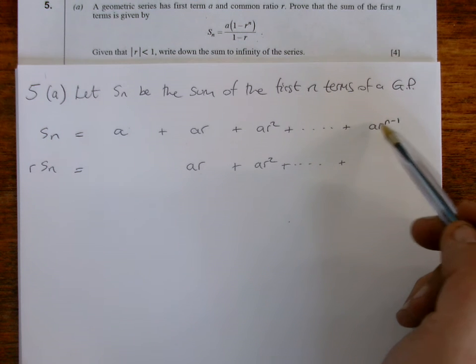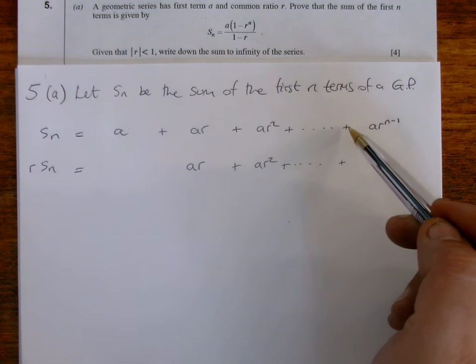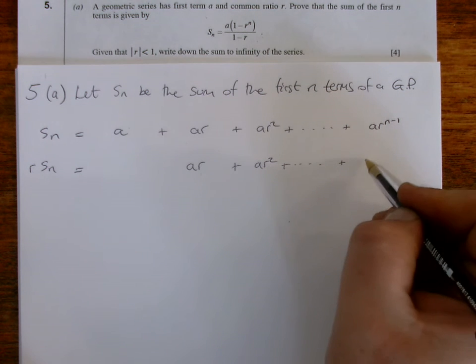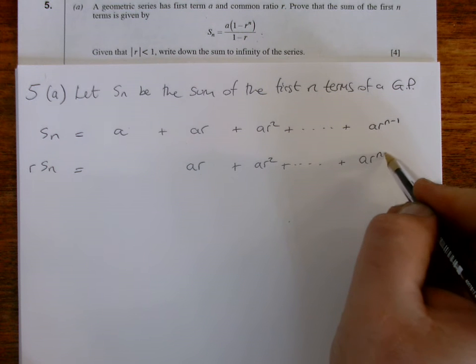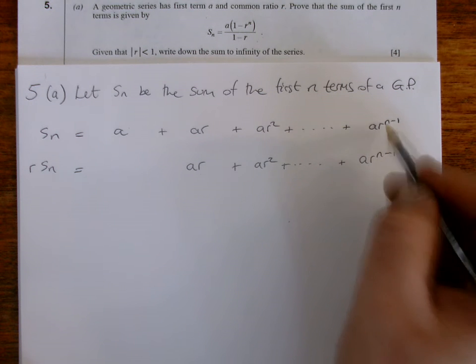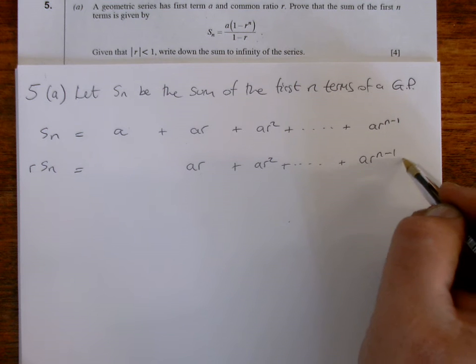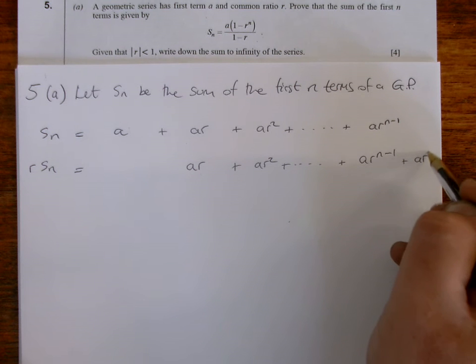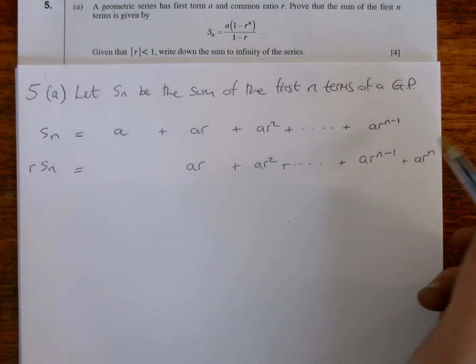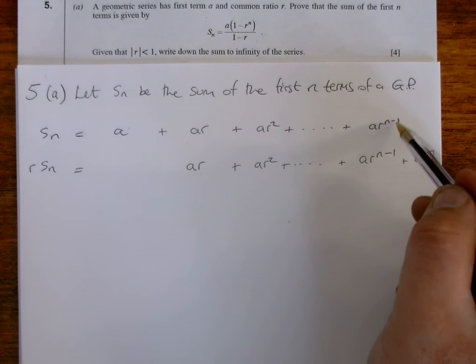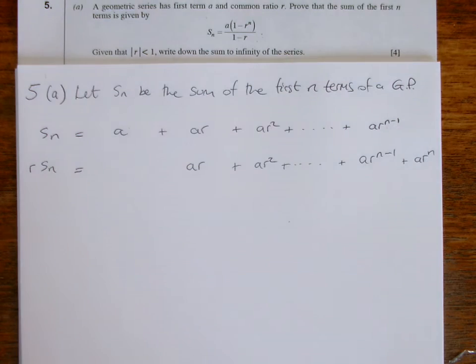Well, the term before it will be ar to the power n minus 2, and because I'm timesing that by r, I end up with ar to the n minus 1, and I write it underneath that one. Then if I times that by r, I get ar to the power n, since you're adding a 1 onto the power.